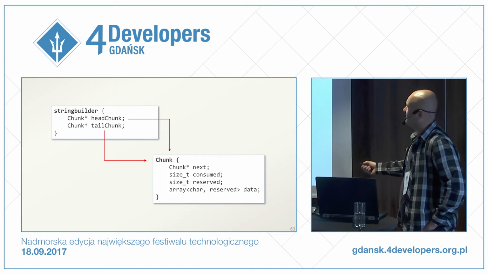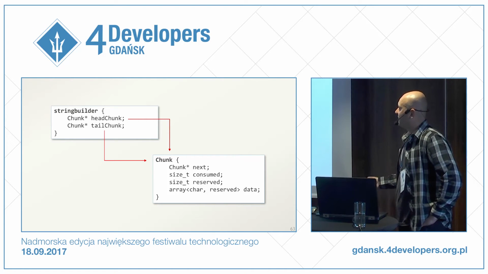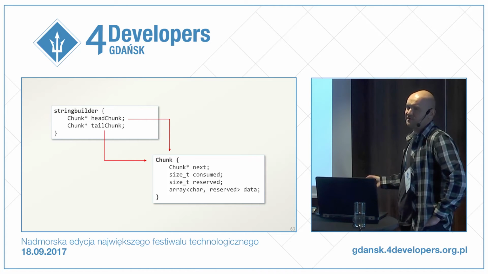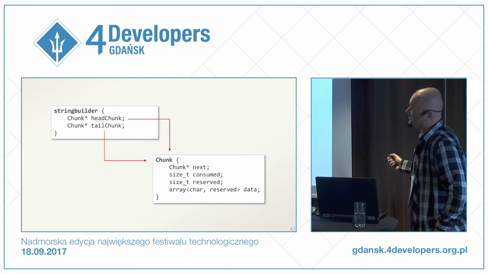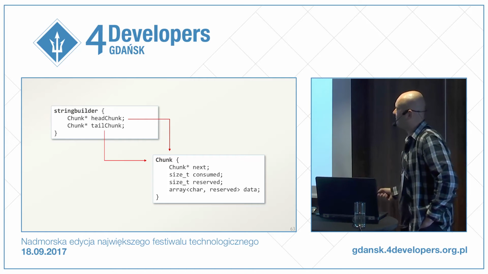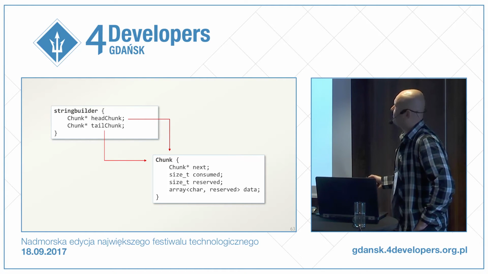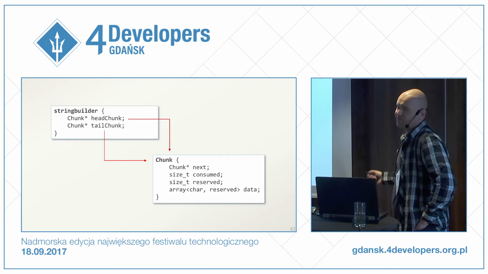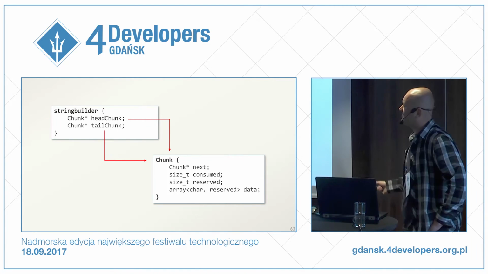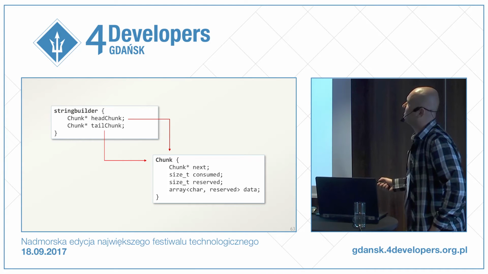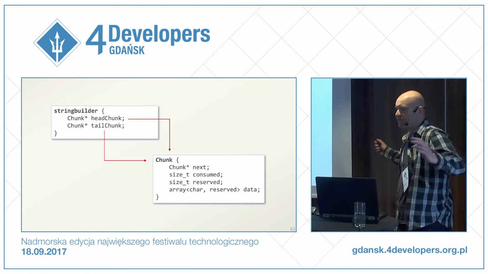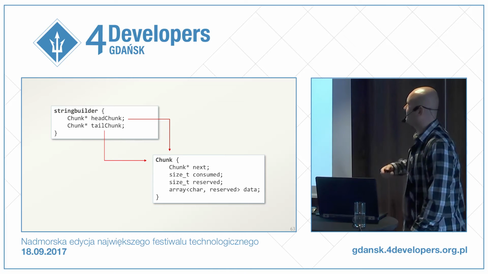It's good. If we consume the available space in this chunk, we'll allocate a new chunk. We have another chunk. The head chunk will always remain the same and point to the first chunk. The tail chunk will follow the last chunk. So if you want to append something, we'll use the tail chunk. We'll get the head chunk only if we want to gather all the characters or iterate them from the beginning.